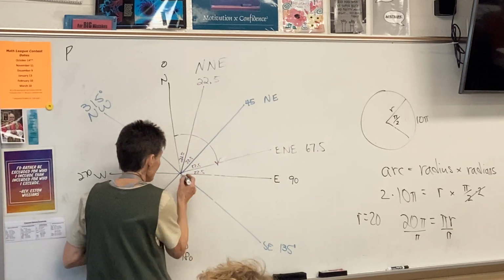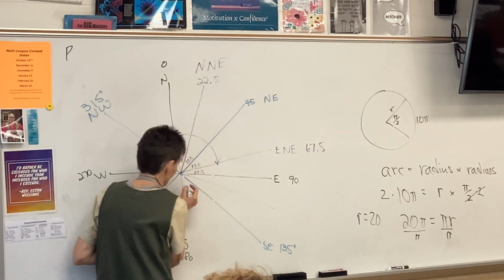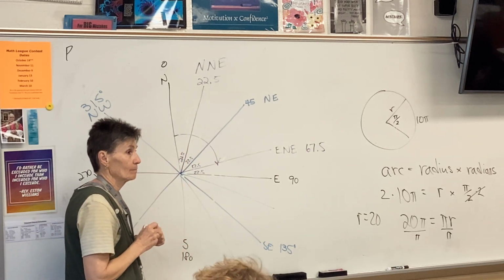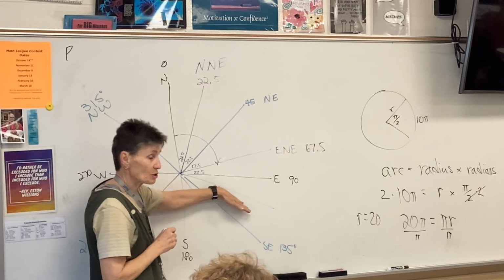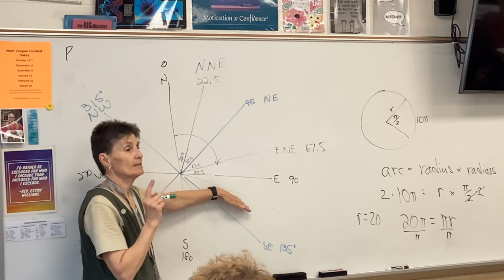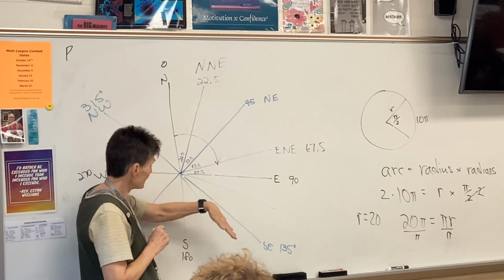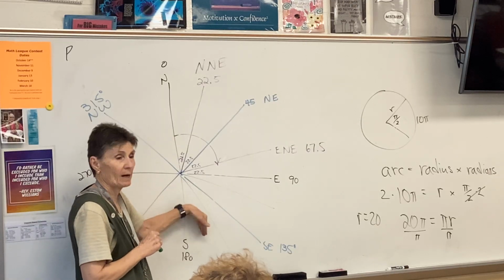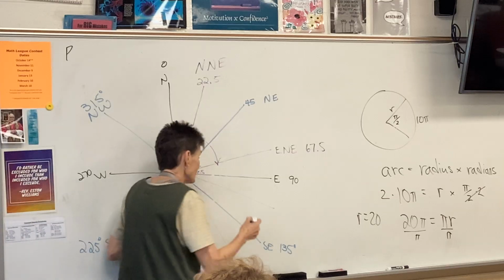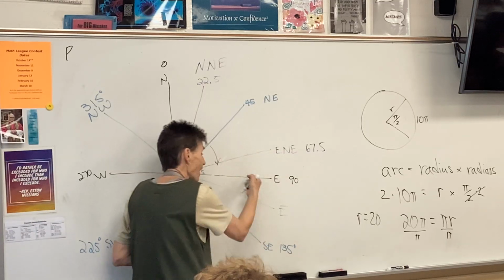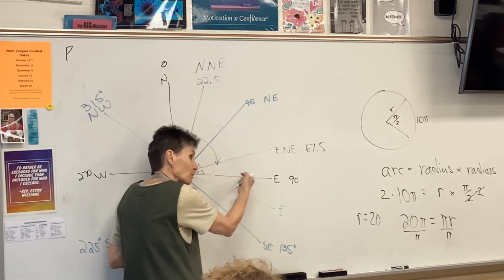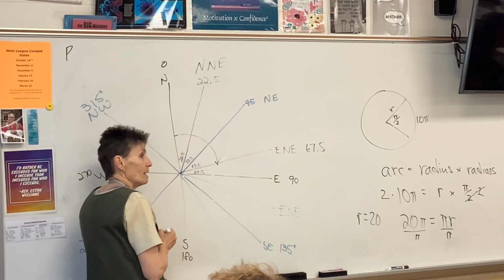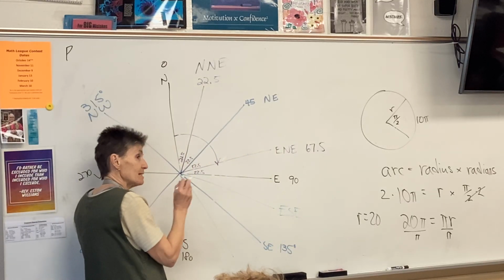If I split this quadrant, is this one east southeast? Or is this one east southeast? Which one, the top one or the bottom one? Top. This is on the east side, it's between east and southeast. So it's east southeast.